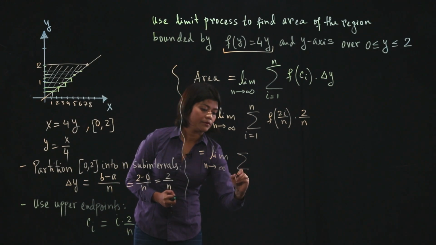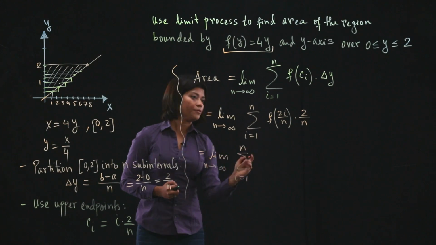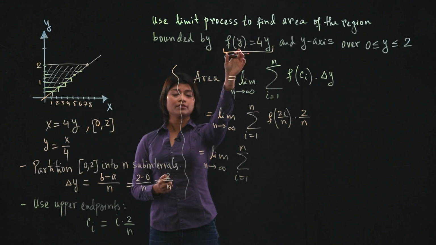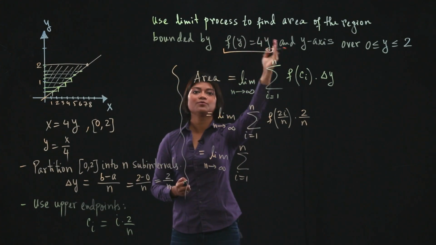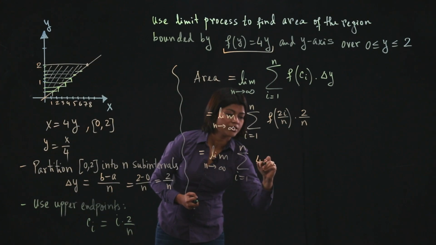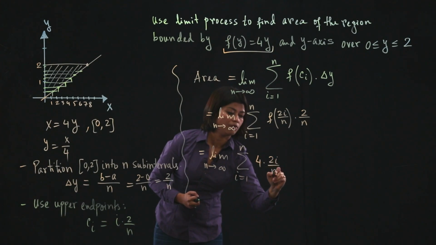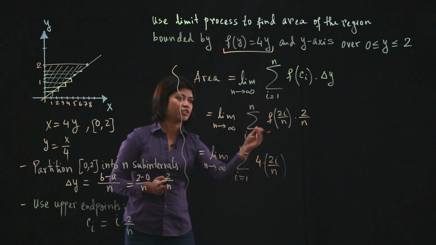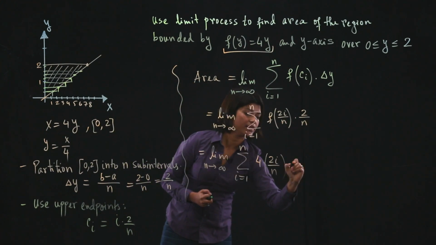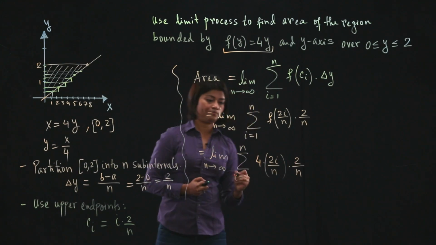Next step, we figure out what f of 2i over n is. Look at the function: f of y is 4 times y. So f of 2i over n is 4 times 2i over n. You just plug 2i over n into the function. And then we still have 2 over n.